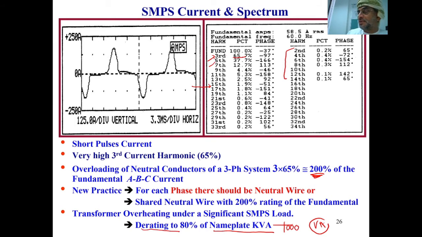It should not work at the full 1000, because that will reduce the lifetime of the transformer due to the losses created by those harmonics. So if we select a 1000 volt ampere transformer, it has to run at only 80% of 1000. That means our load is not supposed to exceed 80% of 1000, which is 800 kilovolt ampere. In other words, if our load is 800 kilovolt ampere, we need to select a transformer which is 20% more.